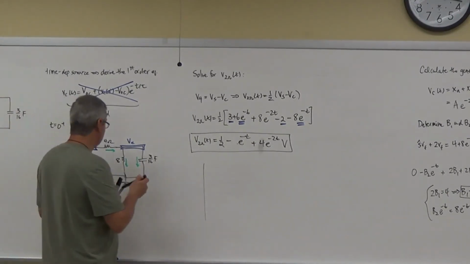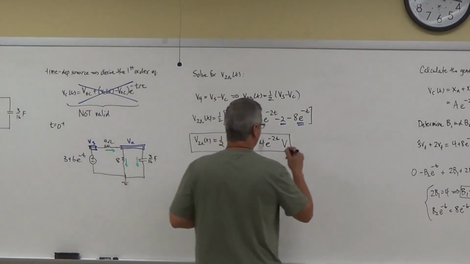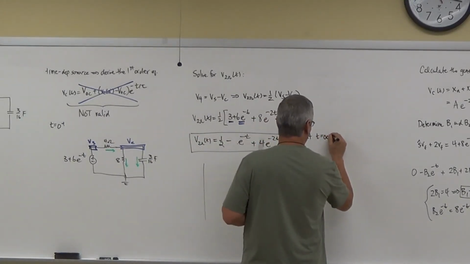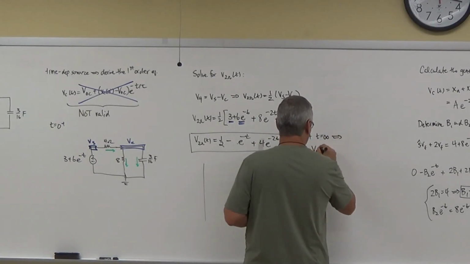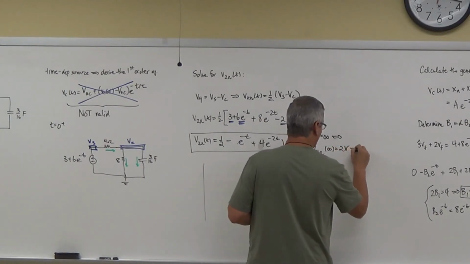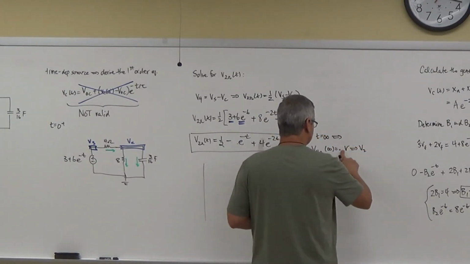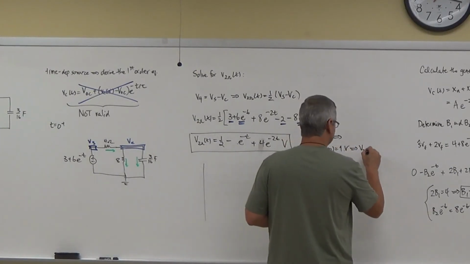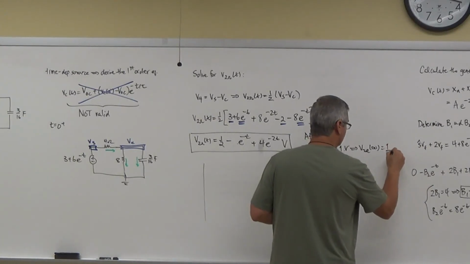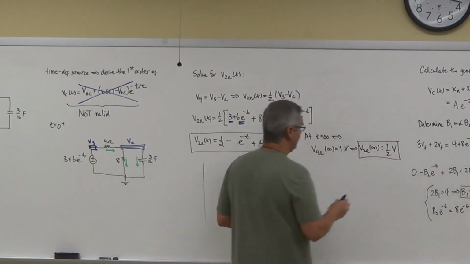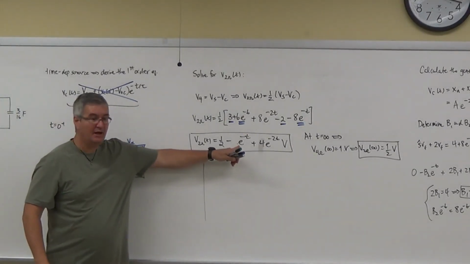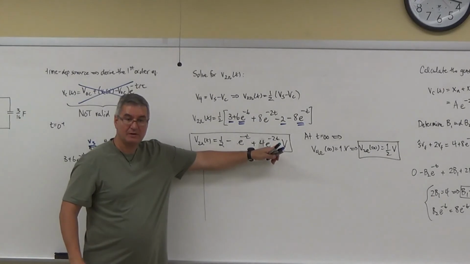So if I look at the circuit here, at t equal to infinity, the voltage across the 4 ohm has to be 2 volts, which then implies that the voltage across the 2 ohm resistor must be half a volt. When I look at this expression, you can see that at t equal to infinity, those terms drop out.